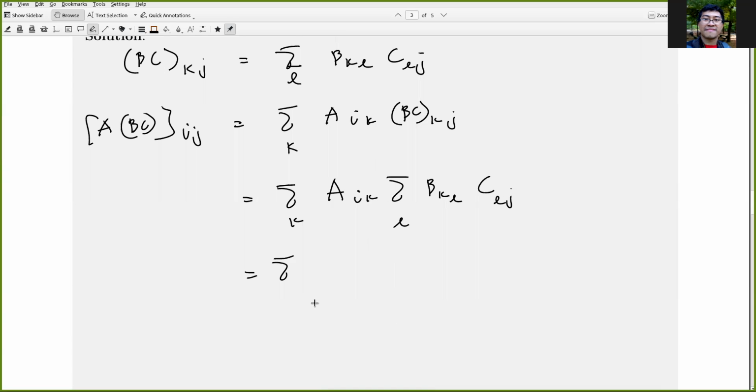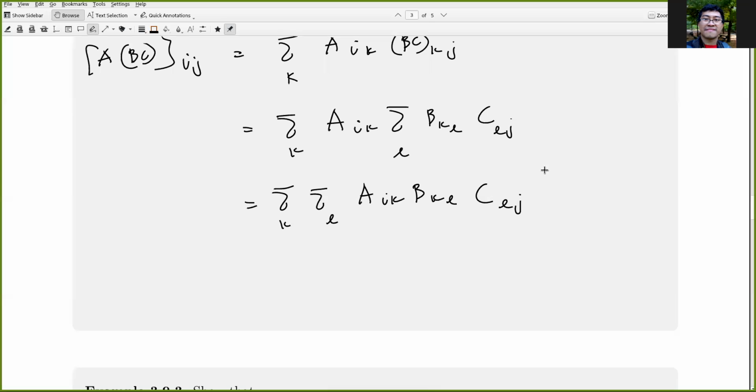So we write this as the sum over K, sum over L, of A_ik B_kL C_Lj. And then we can group this differently: the sum over all L of the sum over all K of A_ik B_kL C_Lj.